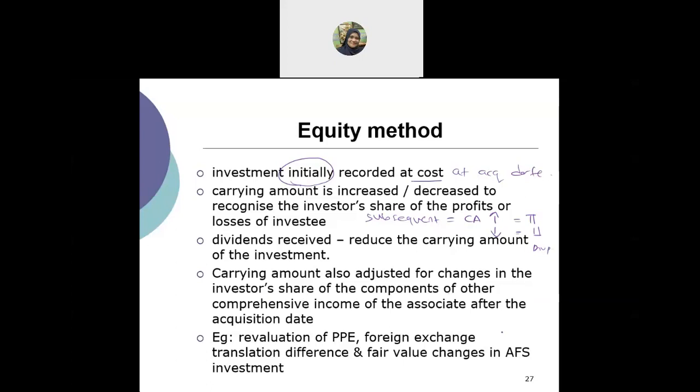So after the acquisition date, if the associate has changes in other comprehensive income, this also affects the investment, either an increase or decrease. This happens after the subsequent date, which means after the acquisition date. After the acquisition date, anything recognized by the associate also needs to be recognized by the investor.